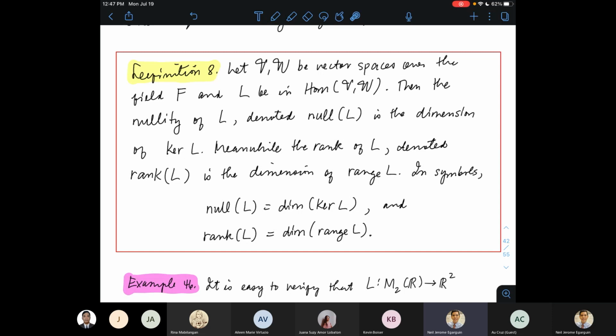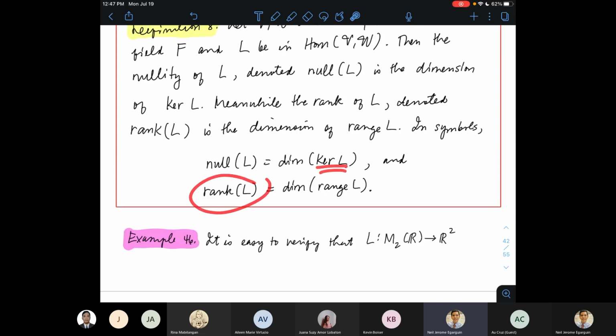That's why their dimensions are given special names. In particular, the dimension of the kernel of L is called the nullity of L, denoted by null of L. So the nullity of L is the dimension of the kernel, while the rank of L is the dimension of the range of L.